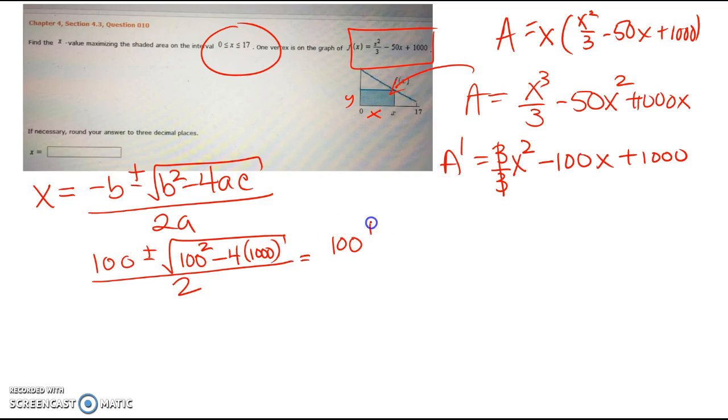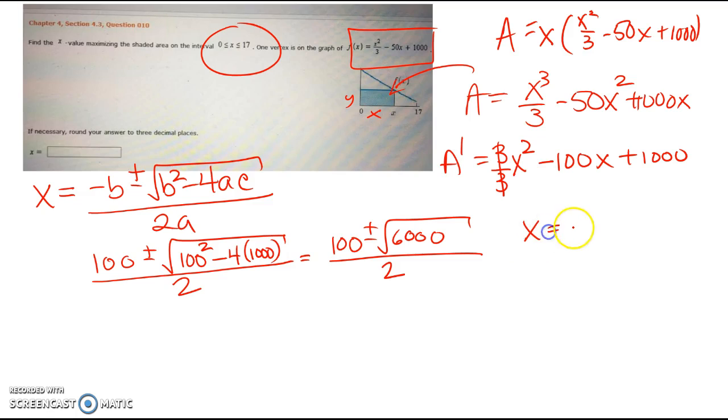So that's 100 plus or minus the square root of 10,000 minus 4,000, which gives me 6,000 under the square root. So if I figure out both answers, we'll find that one of them is not inside our interval, but let's try it. I'll do the adding. 100 plus the square root of 6,000 divided by 2.